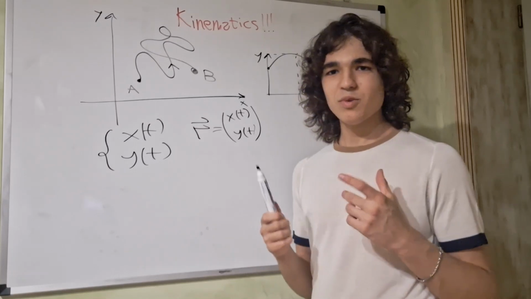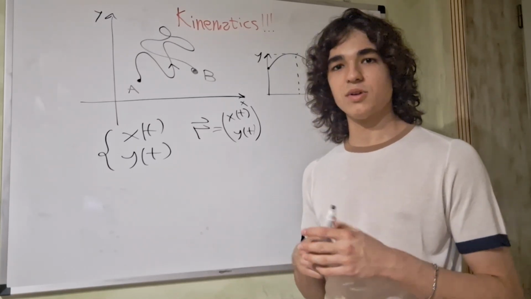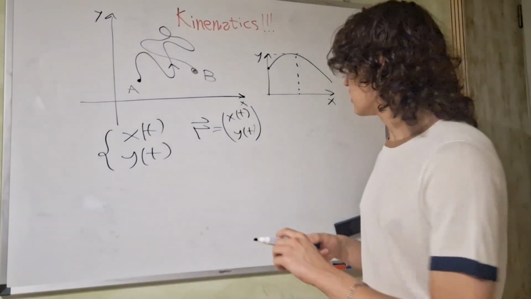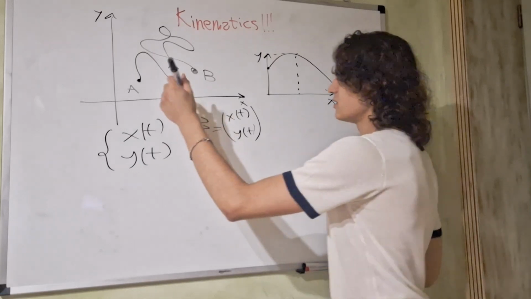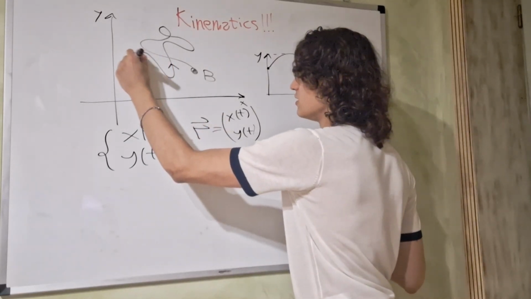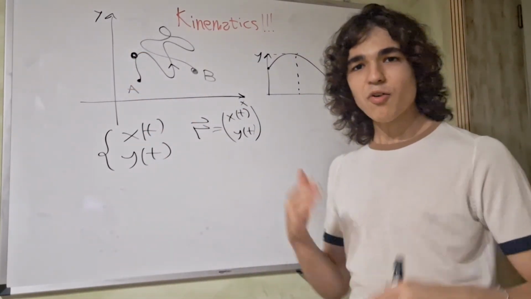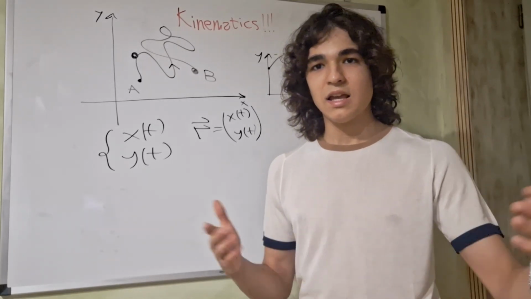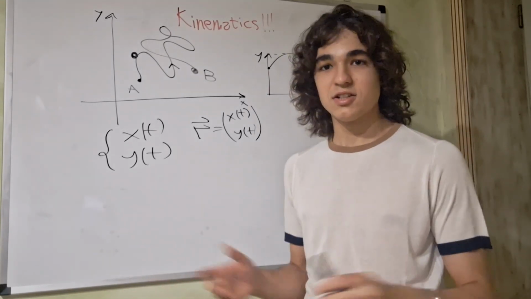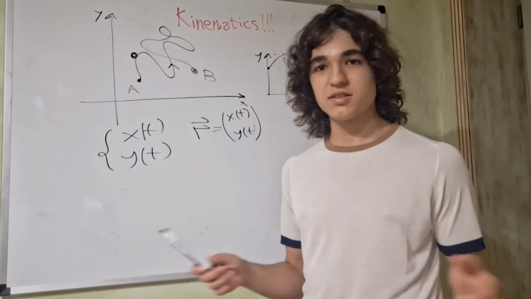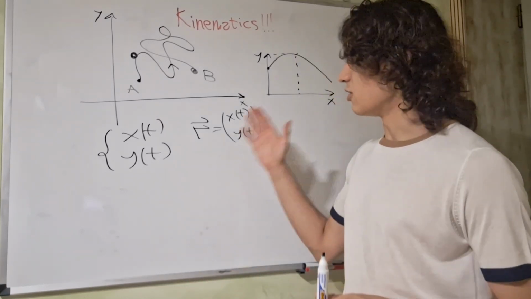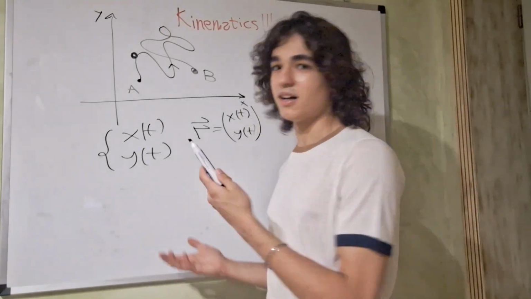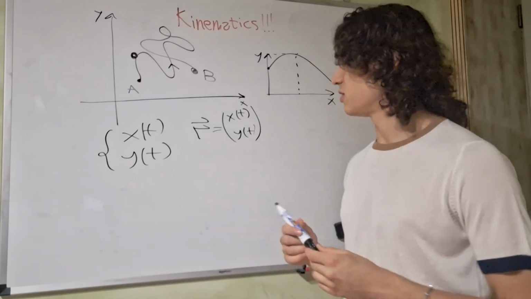But then we need something more to analyze our motion. In particular, if, for example, I'm standing here at this point, I want to know how fast I am changing my position. Well, that's an interesting question, and this question also helps us analyze this motion.